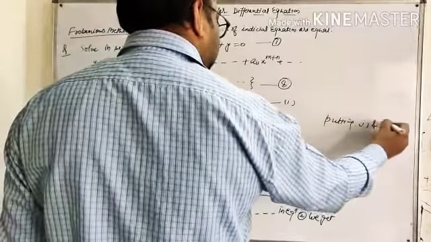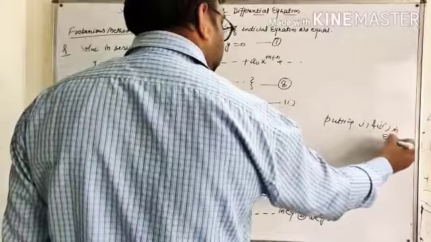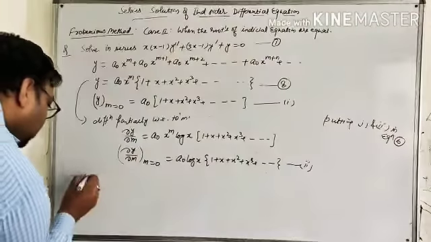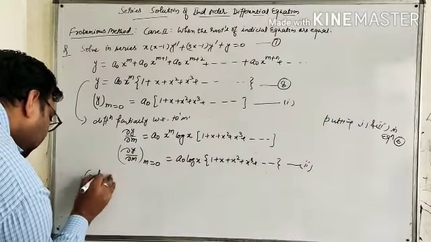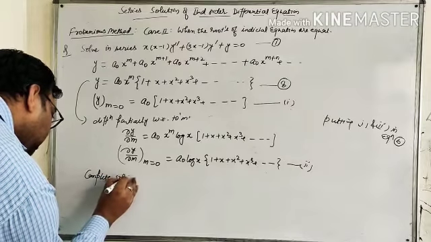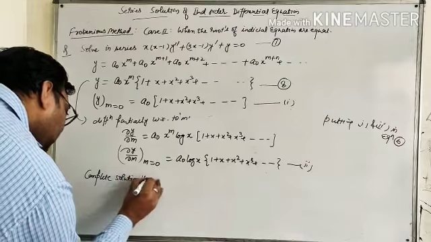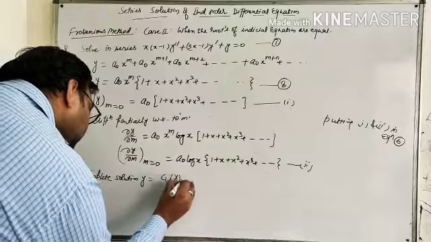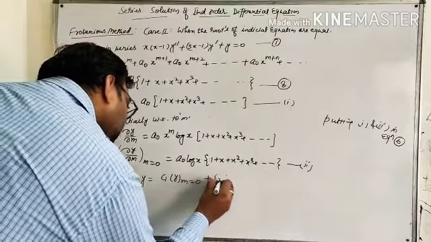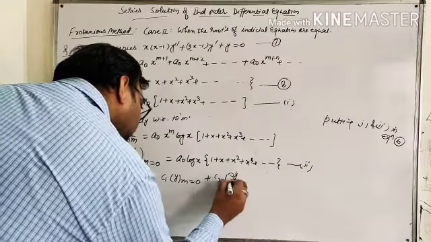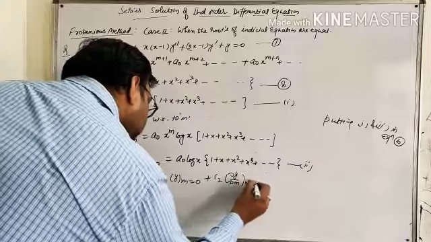So on putting first and second in equation number 6, the complete solution is y equals c1 y at m equals 0 plus c2 del y over del m at m equals 0.